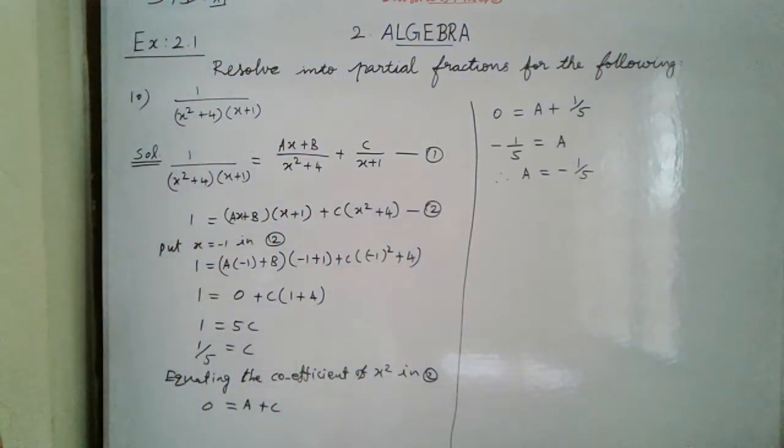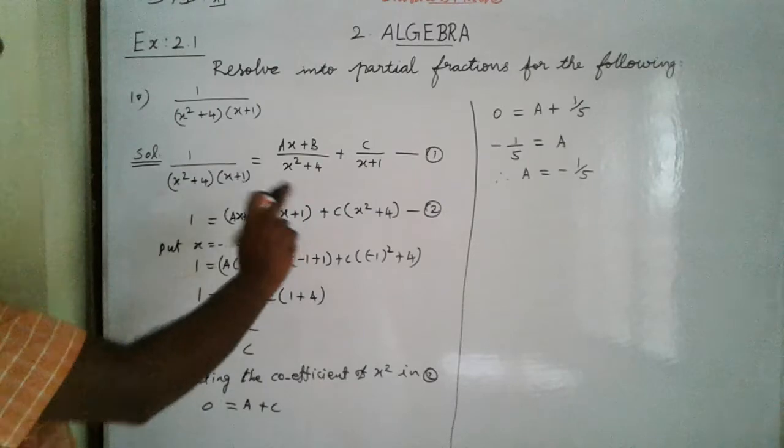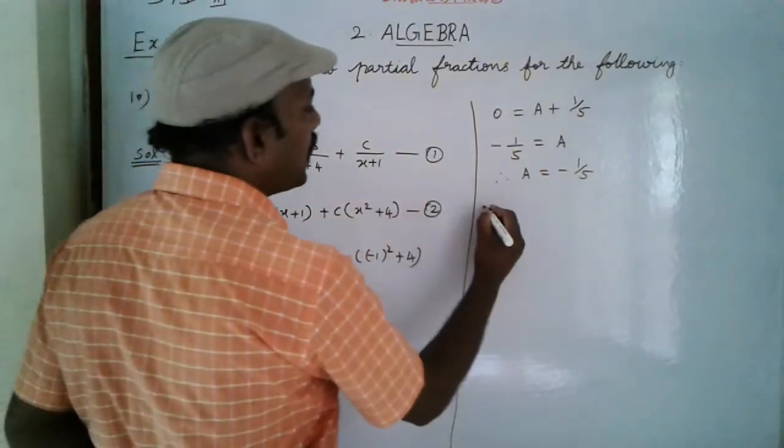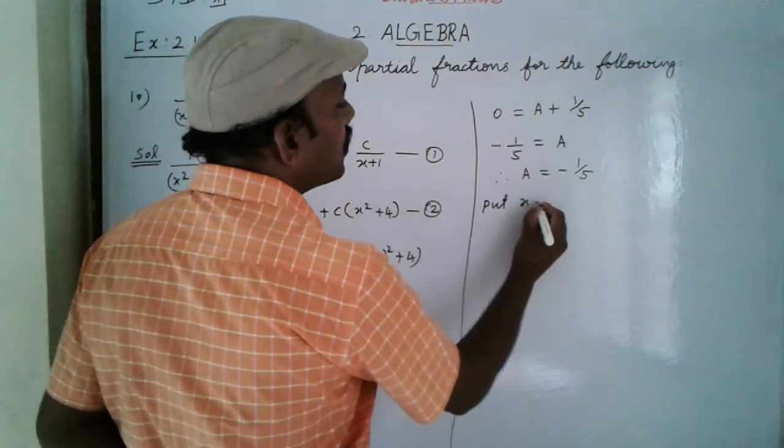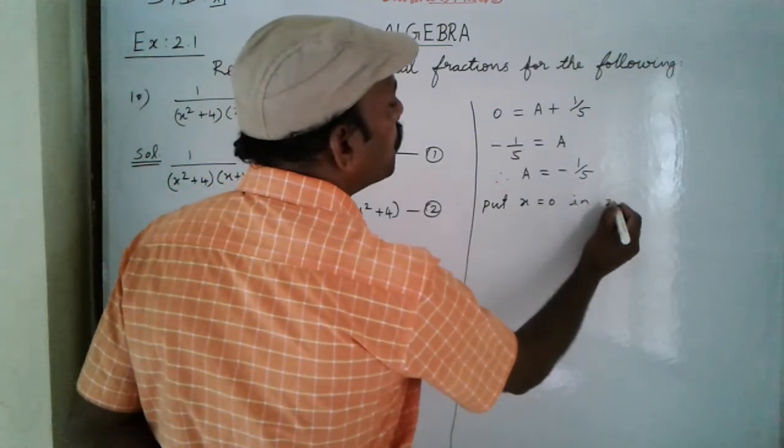Next we should find the b value. Put x equal to 0 in equation number 2.